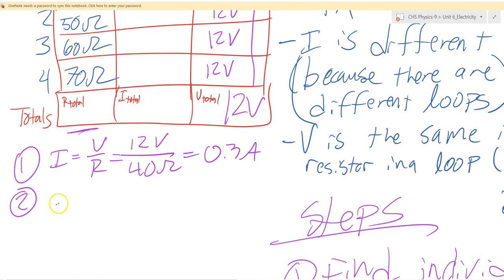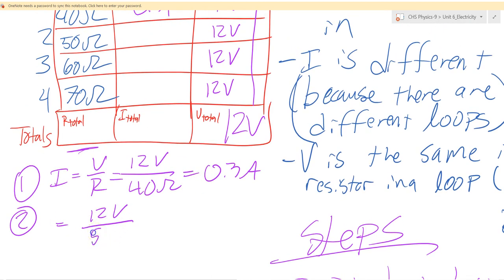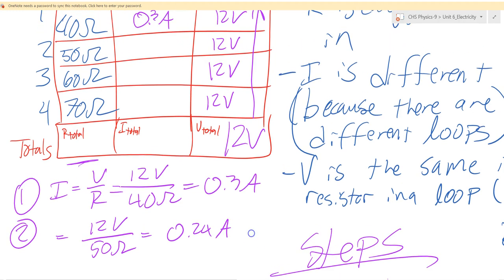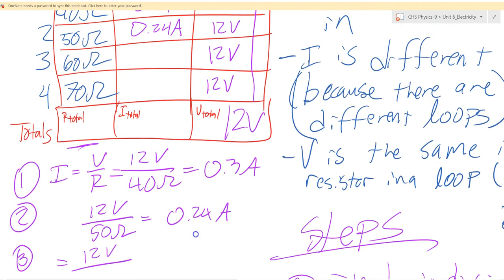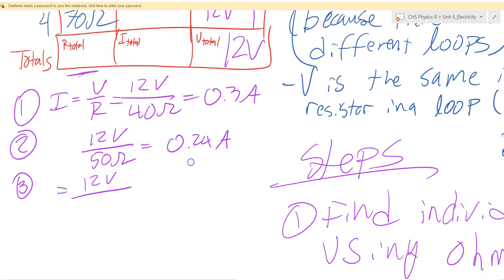And then we'll do the same thing with 50 ohms, and we get 0.24 amps. This one's 60 ohms, and we get 0.2 amps.